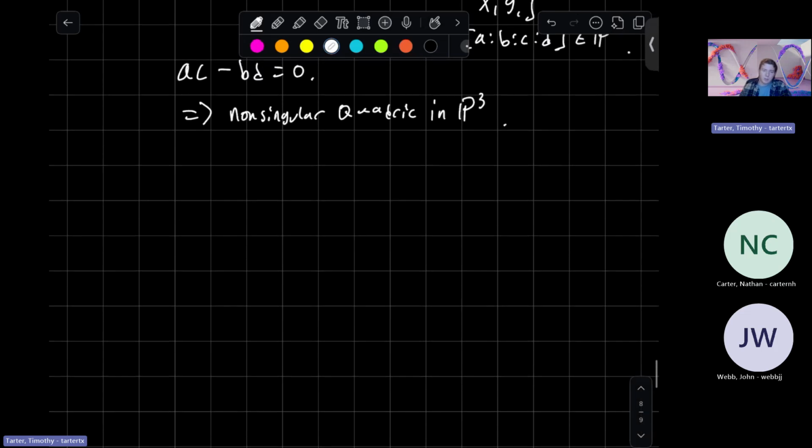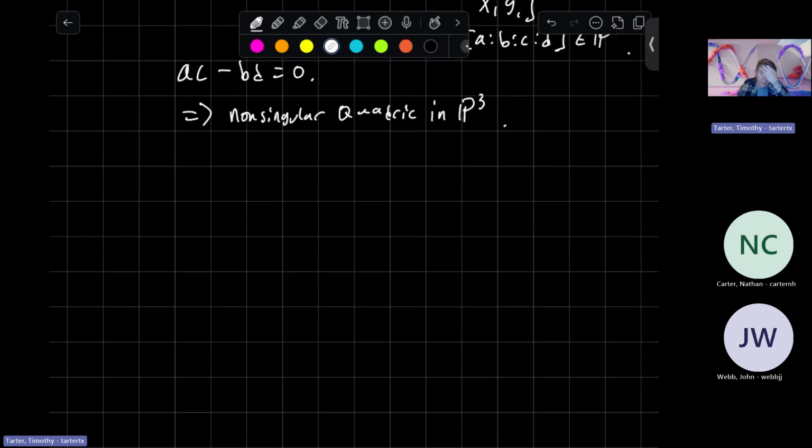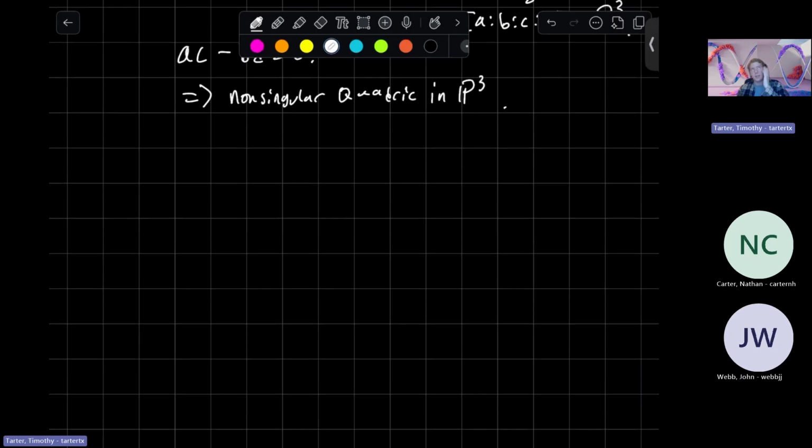Okay, so now we want to talk about a little bit of category theory that's going to make life easier. It's an unfortunate fact that to do algebraic geometry, you have to be able to do at least a little bit of category theory. Some people, like me, really like that, but some people really hate that.